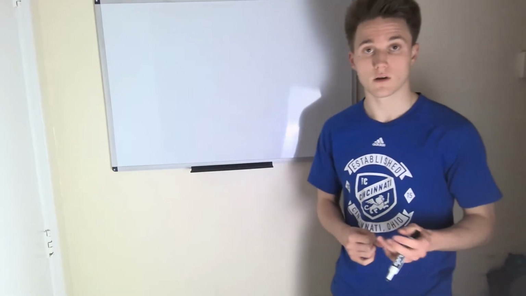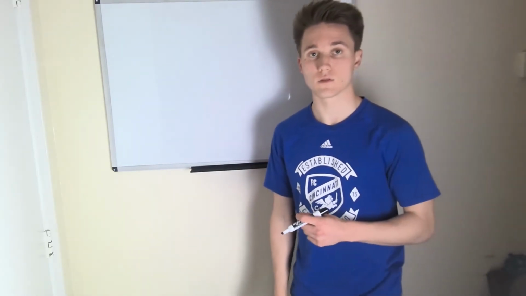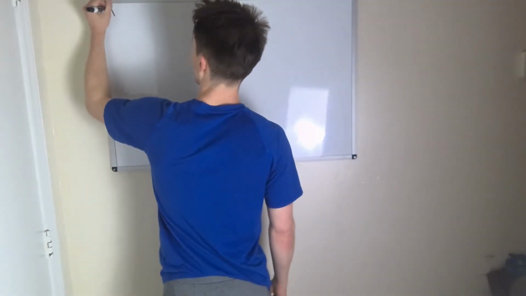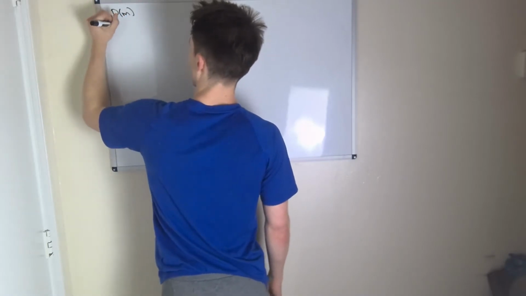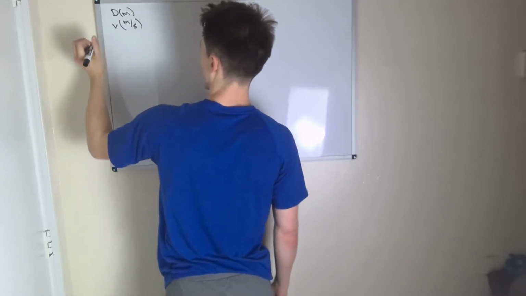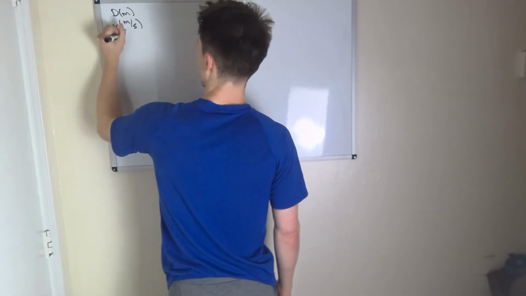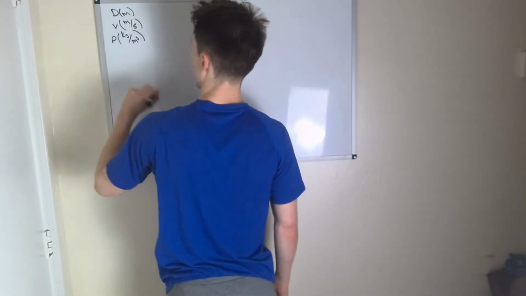And to start out with the Buckingham Pi method, we want to write out each of our variables in this problem. First one being the diameter, which is in meters. Then the velocity of the fluid, which is in meters per second. The density of the fluid, which is kilograms per meters cubed.